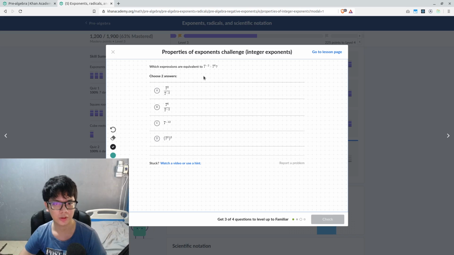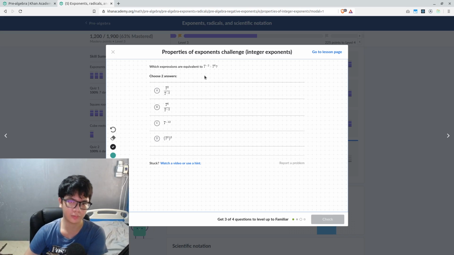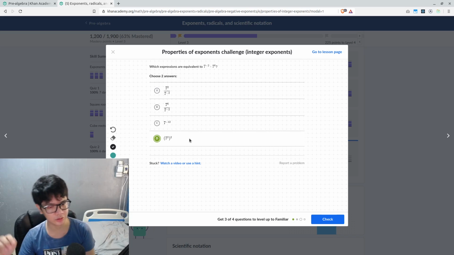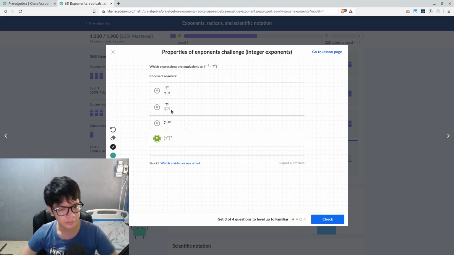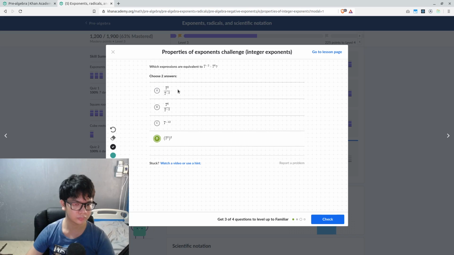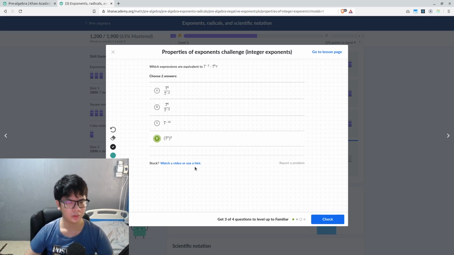So this is the same as 7 raised to positive 4. Let's see the other.